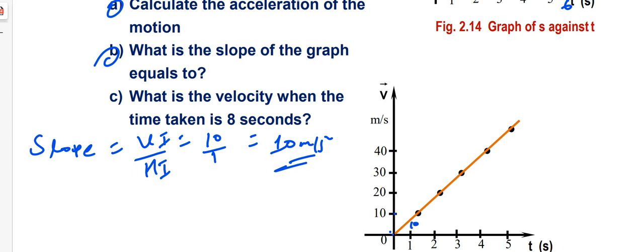At 8, the velocity increases by 10 each second: 0 is 0, 1 is 10, 2 is 20, 3 is 30, 4 is 40, 5 is 50, and 8 is 80. It is 80 meter per second.